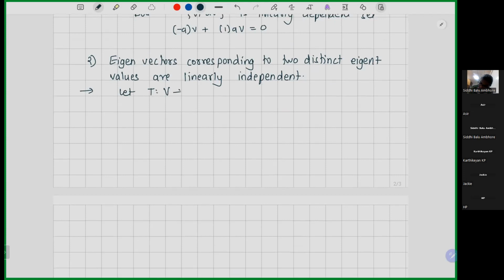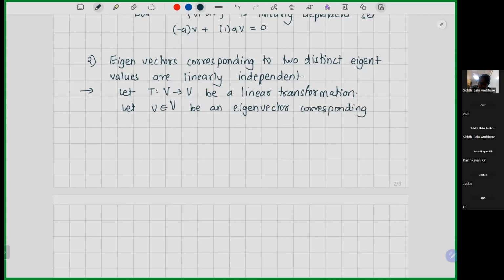So let T from V to V be a linear transformation. And let v in V be an eigenvector corresponding to eigenvalue A, that is, Tv is Av.